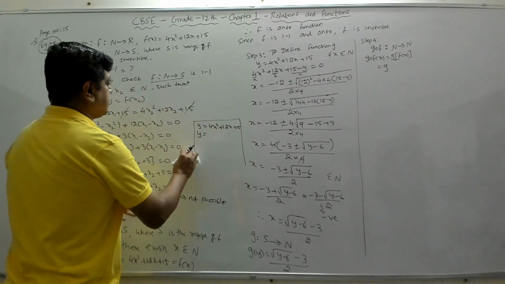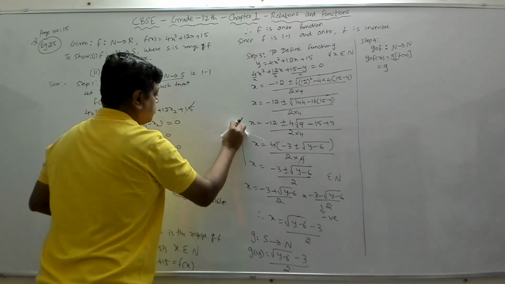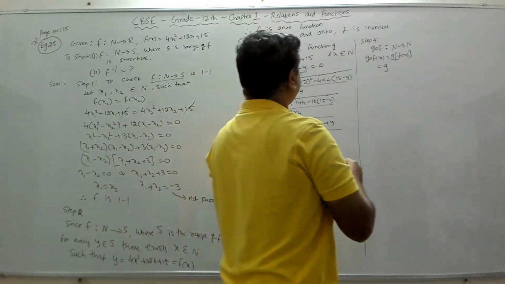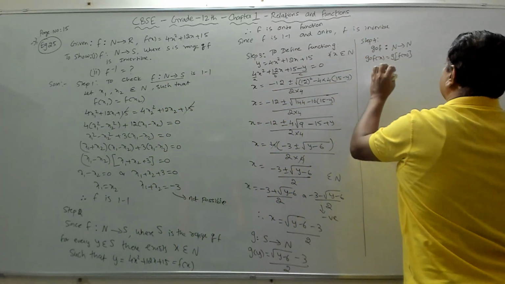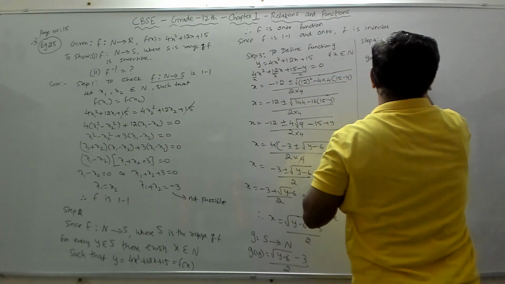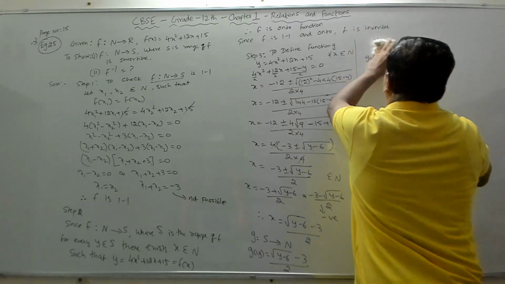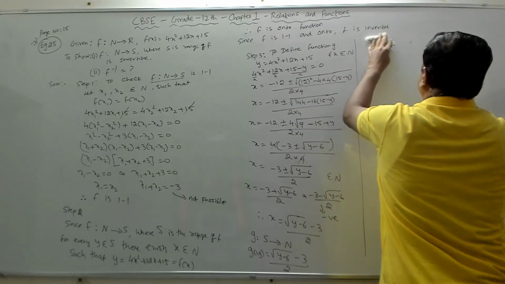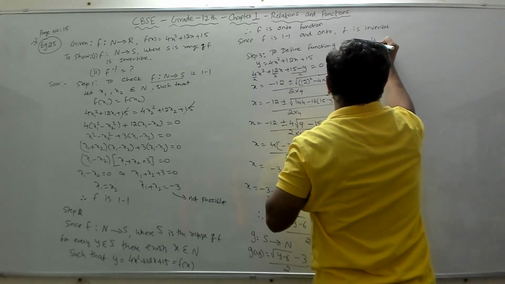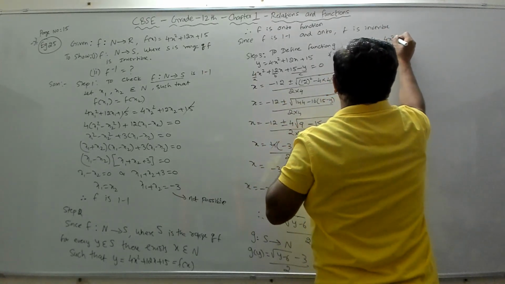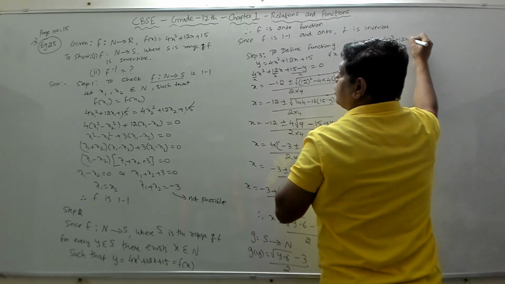I don't have a space here, let me erase this. Sorry, I'll write it here only. So we get g of f of x. See, y is equal to 4x square plus 12x plus 15.